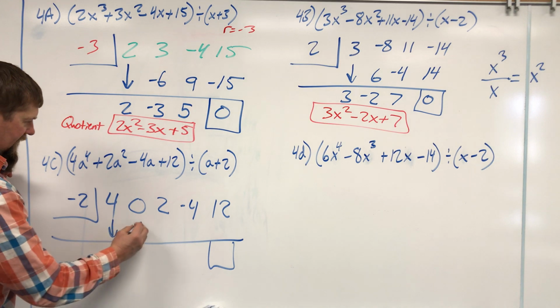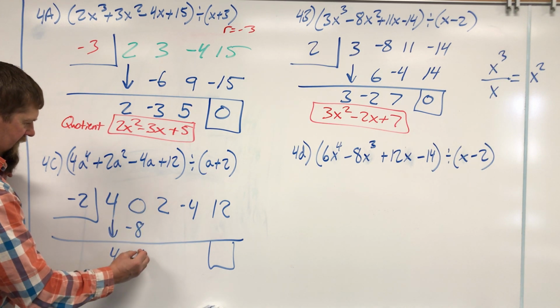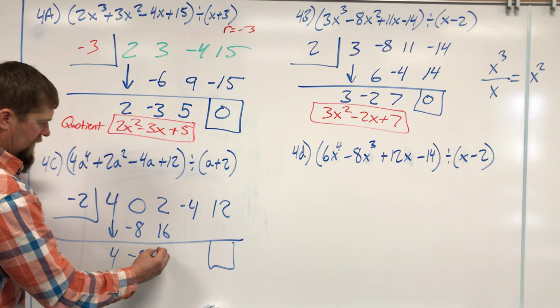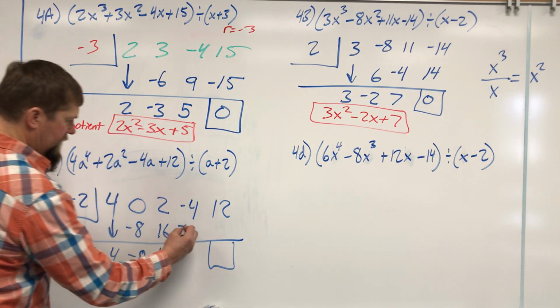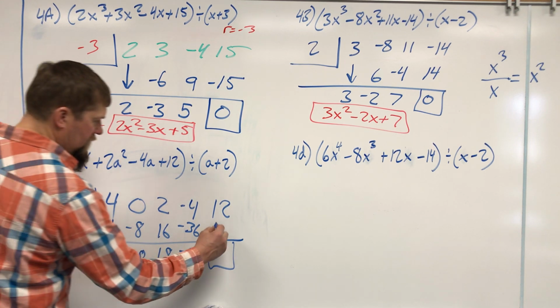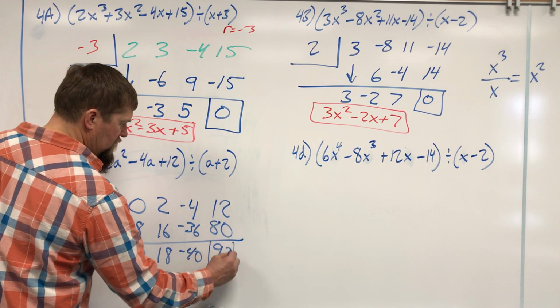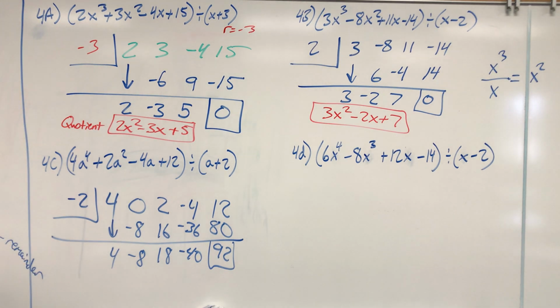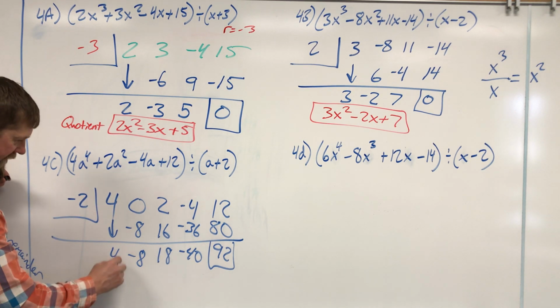4, negative 8, negative 8, 16, 18, negative 36, negative 40, 80, 92. There is my answer. So when I do my answer here, I know that my quotient or answer is cubic.